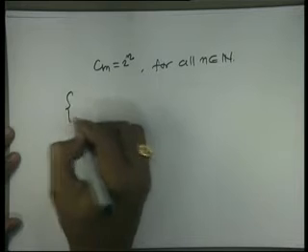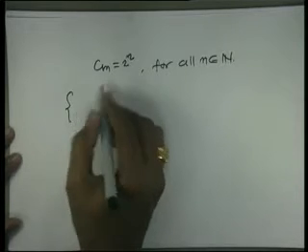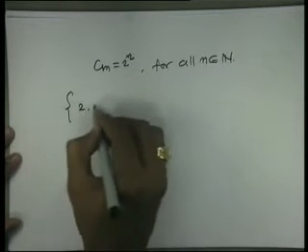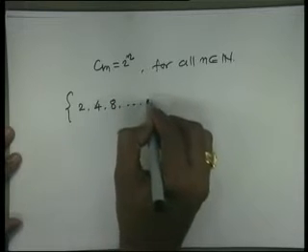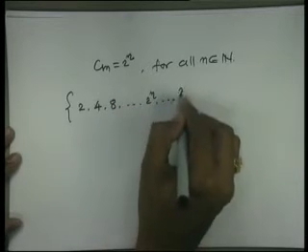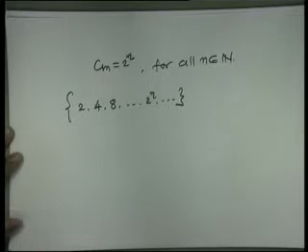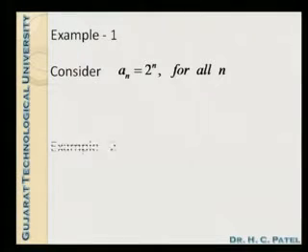We can see that the sequence looks like 2, 4, 8 and so on. So this is an example of a sequence, right? Next slide.